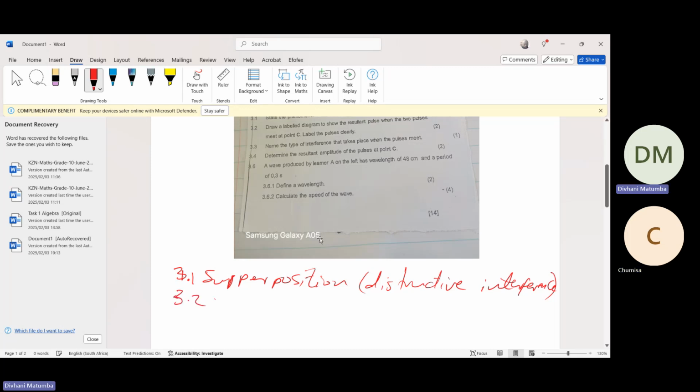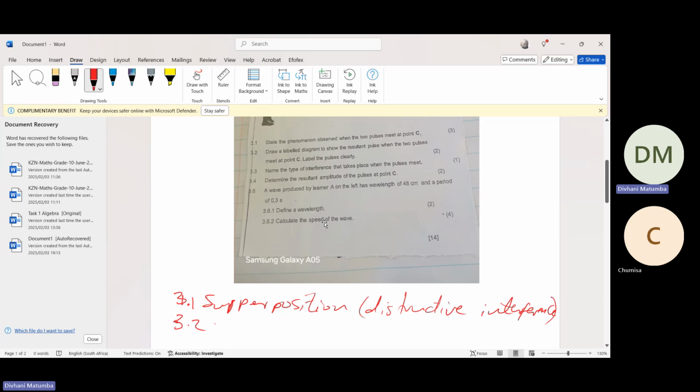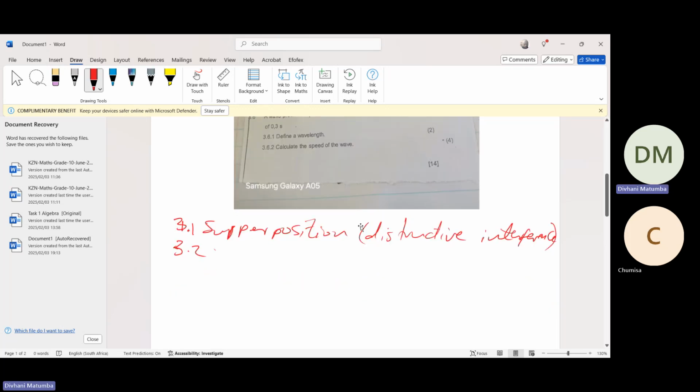3.2. Draw a labelled diagram to show the resultant pulse when the two pulses meet at C. Label the pulse clearly. What do you think will happen? I think it's going to be a straight line. No. Remember, this is 4 and this one is 6.